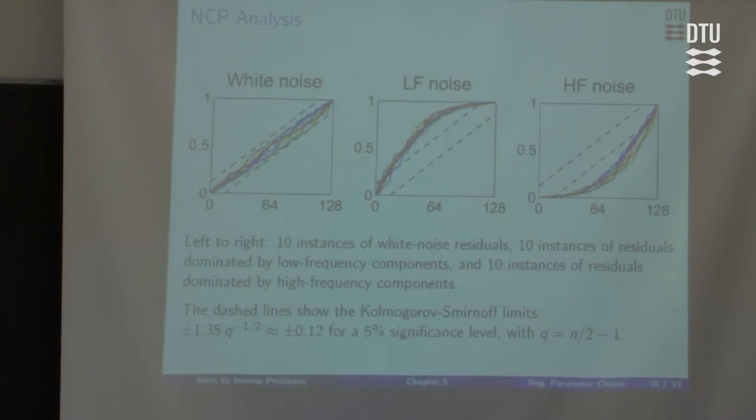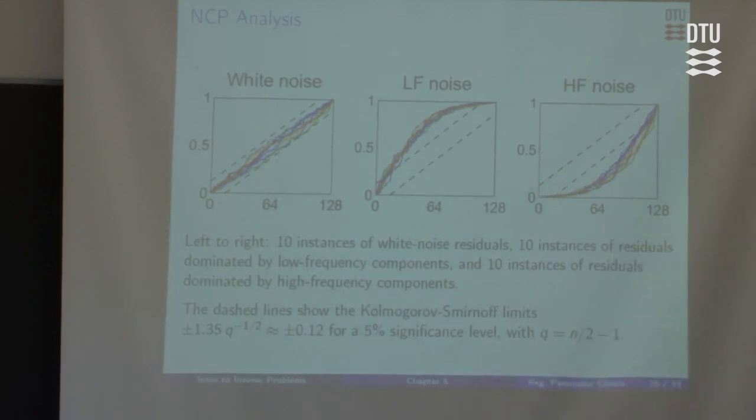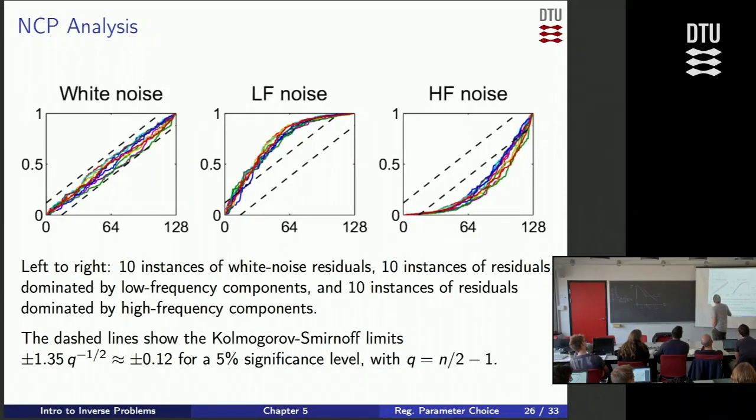So sure enough, white noise actually gives us some curves that are close to the straight line in between here. So that's very nice. So if we see that kind of behavior there, it's probably true that the signal is white noise.